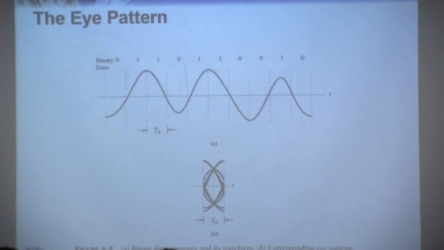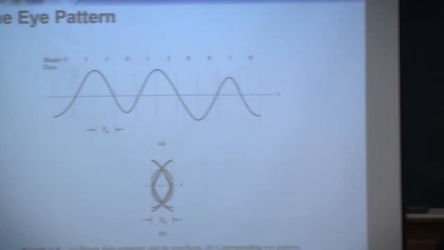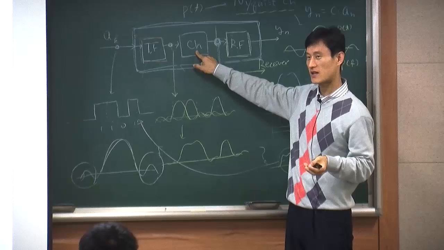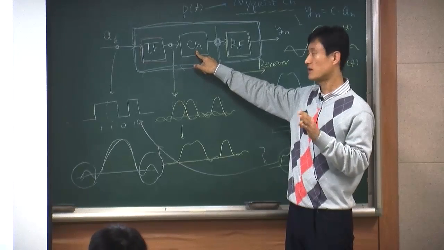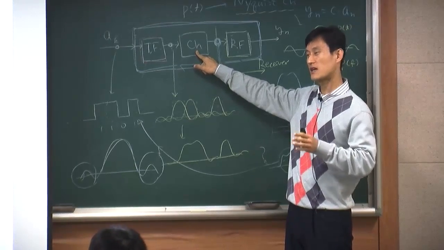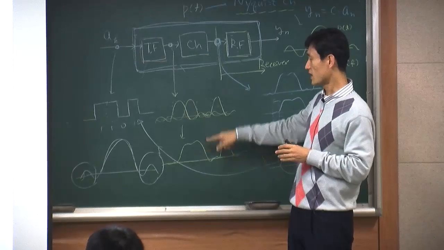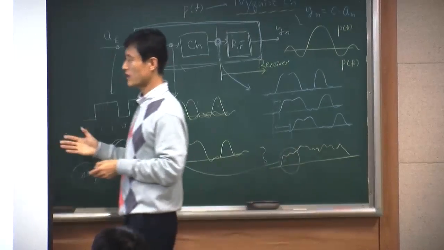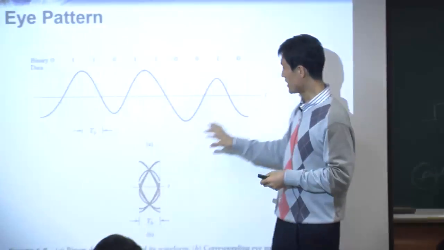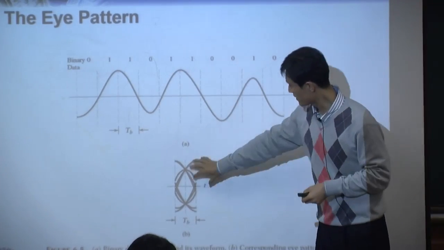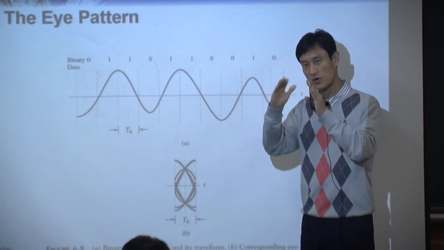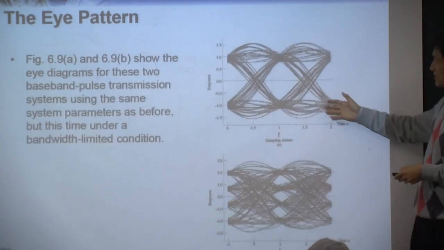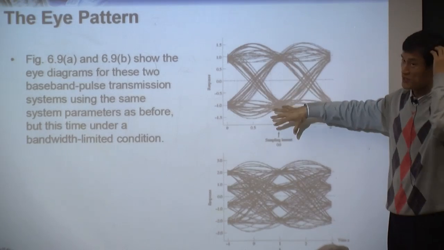But in general, this is what you transmit, but you have a channel, but channel always has ISI, timing jitter, frequency offset, there are many others. So because of that, you're not going to receive these things, right? You're going to receive something else. So when you draw this eye diagram, overlap, put this again, and draw eye diagram, overlap, then you're going to see some very dirty picture. Okay?